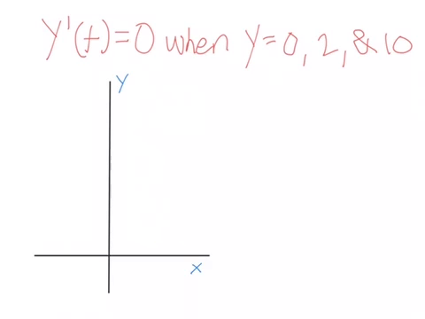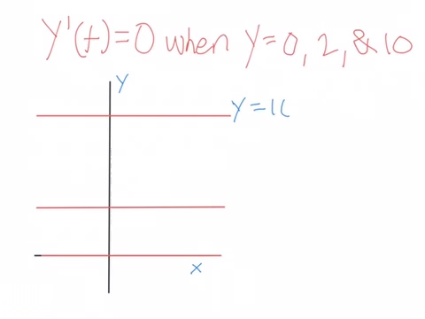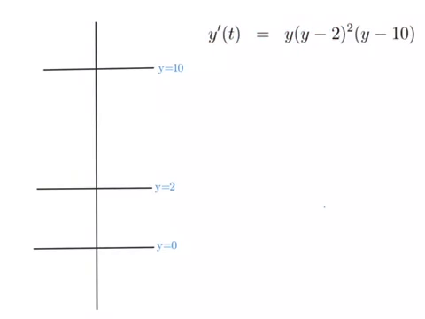So y equals 0 would just be the x-axis, y equals 2 would be about right here, and then y equals 10 would be somewhere up here. And to label, this up here would be y equals 10, this one is y equals 2, and this one is y equals 0.